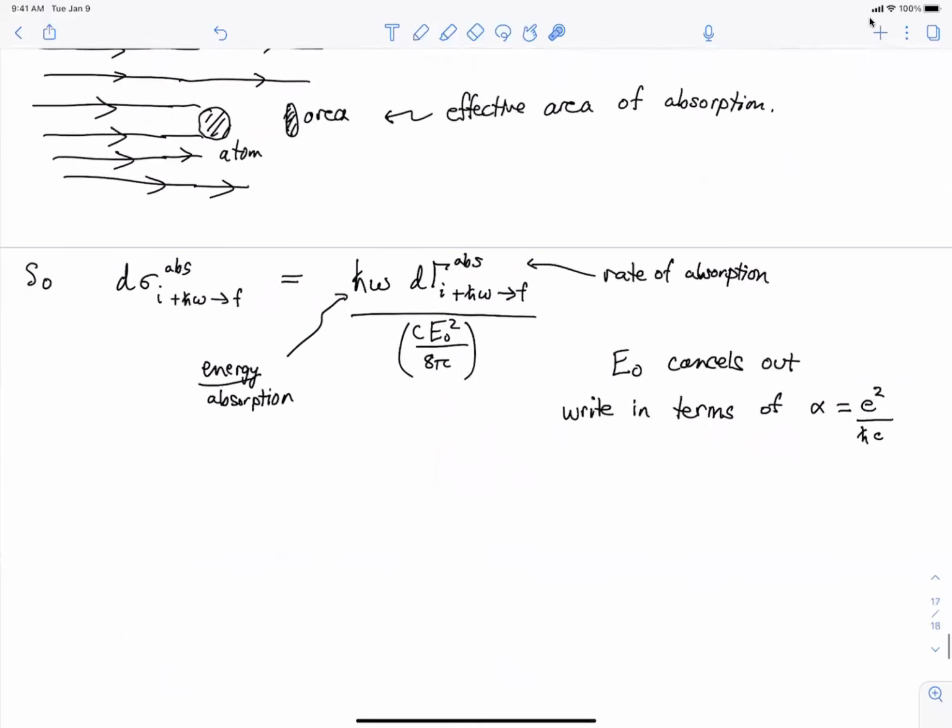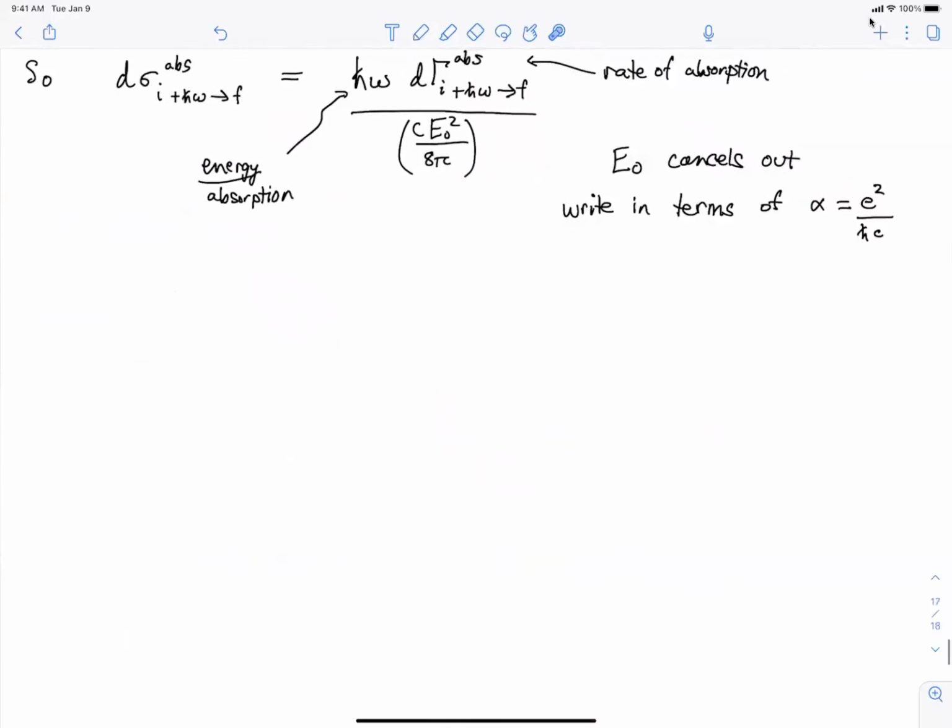Okay, so summarizing what we've got, our differential cross-section for absorption is equal to, when you work out the 4 pi's and stuff, 4 pi squared fine structure constant h bar over the mass of the electron squared times the frequency.